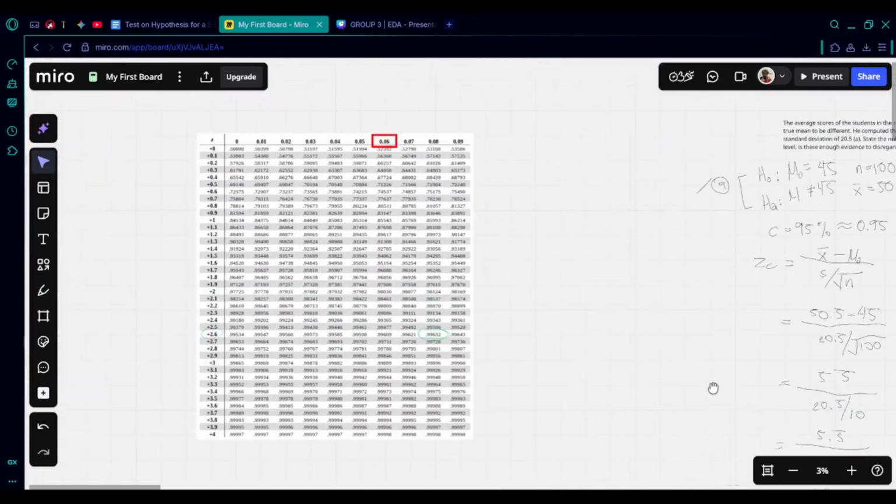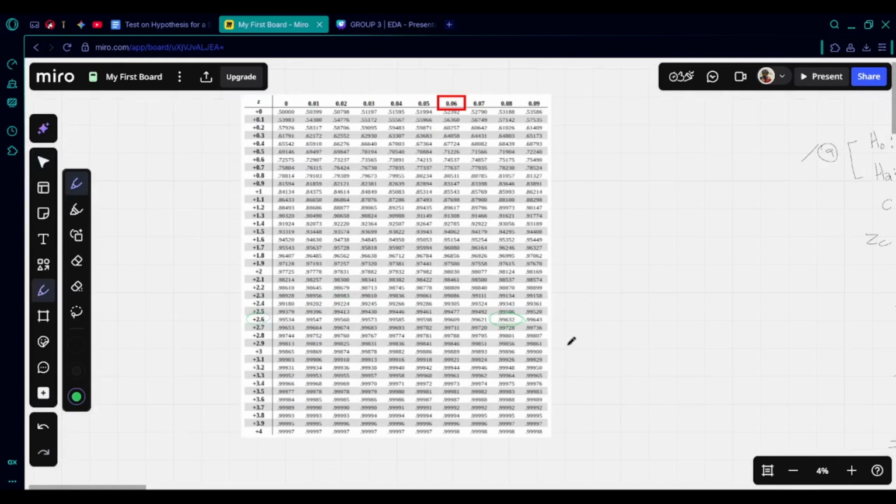Since we have a value of 2.68, we will be locating 2.6, this is positive 2.6, and we have here the 0.08. So we go down until we reach the cross section of 2.6 and 0.08, which has a value of 0.99632.